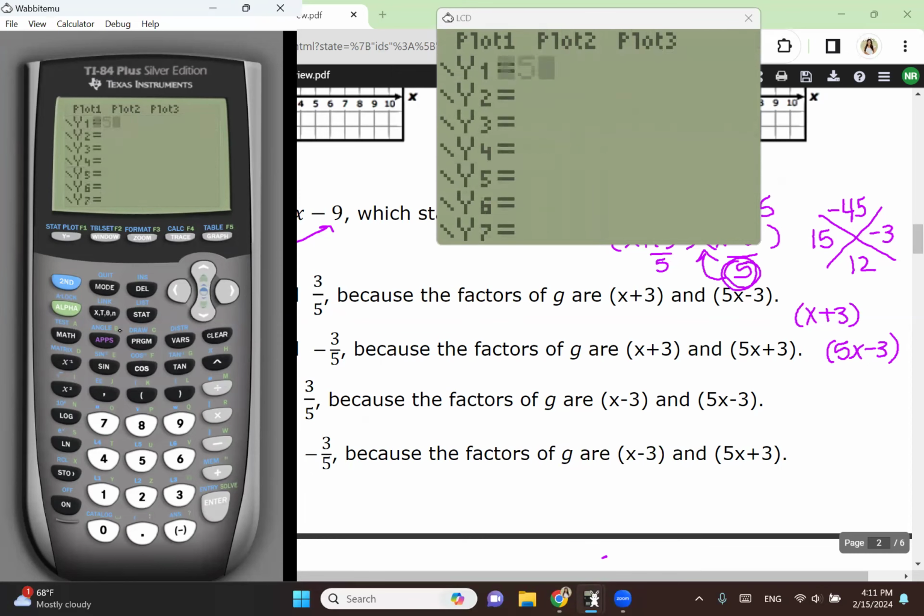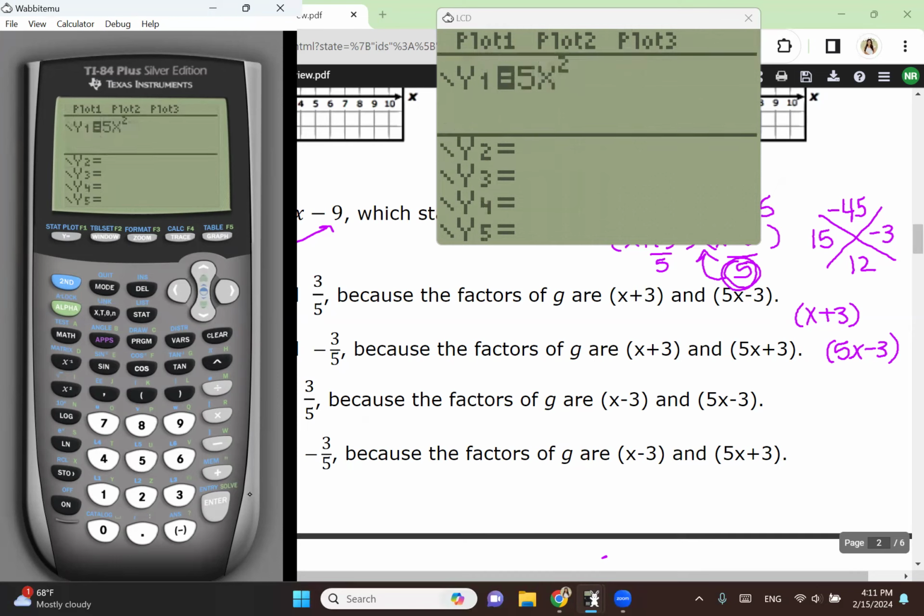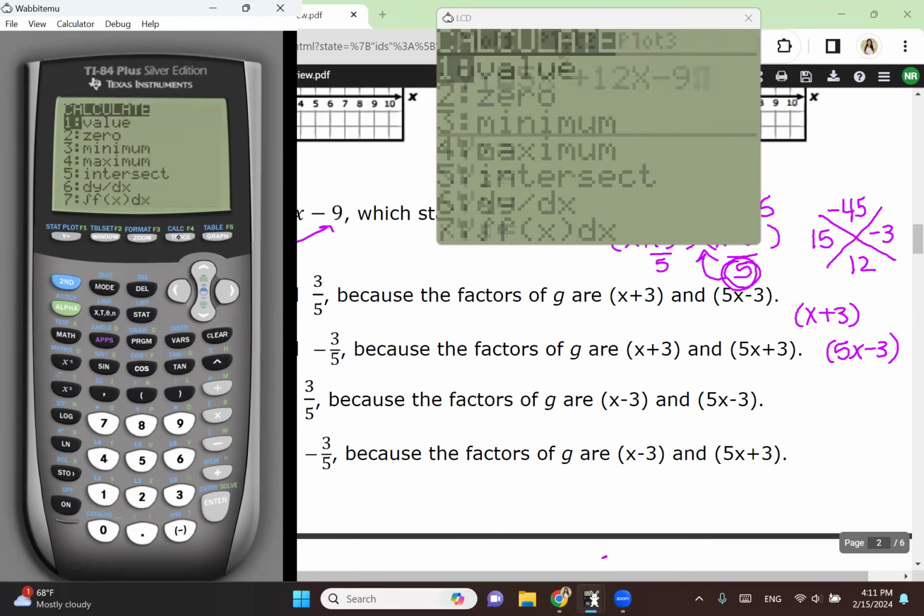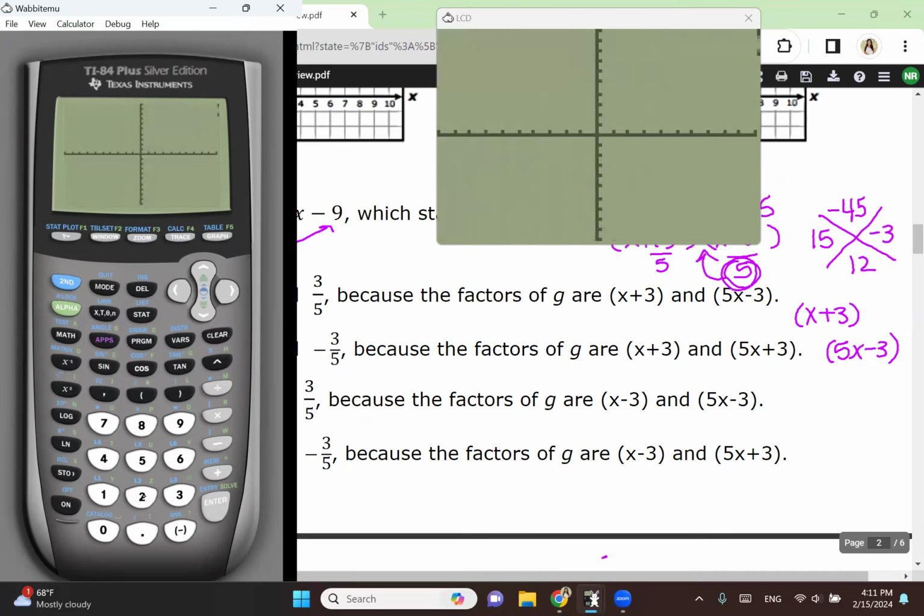All right, 5x squared plus 12x minus 9. Second trace, or second calculate, number 2 for zero. Wait for it to graph.